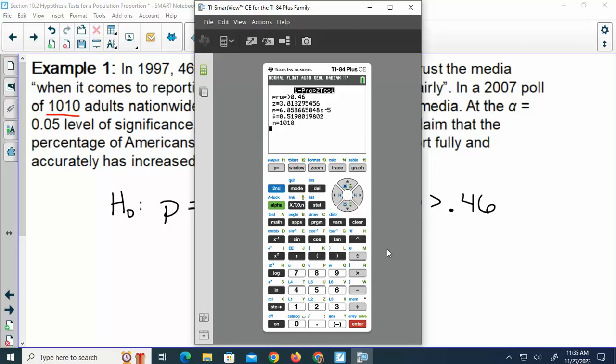Let's compare that to what we had on example 1. The z value, 3.81. Is that pretty close to what we had on ours? We had, what, 3.83? Why is it slightly different? Rounding. The p, that's the probability. Why does it have this e negative 5?